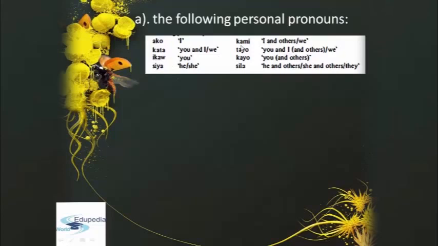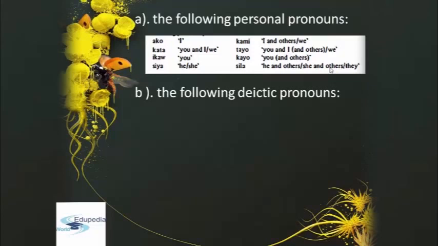Kami, I and others, or we. Tayo, you and I and others, or we. Kayo, you and others. Sila, he and others or she and others, or they.